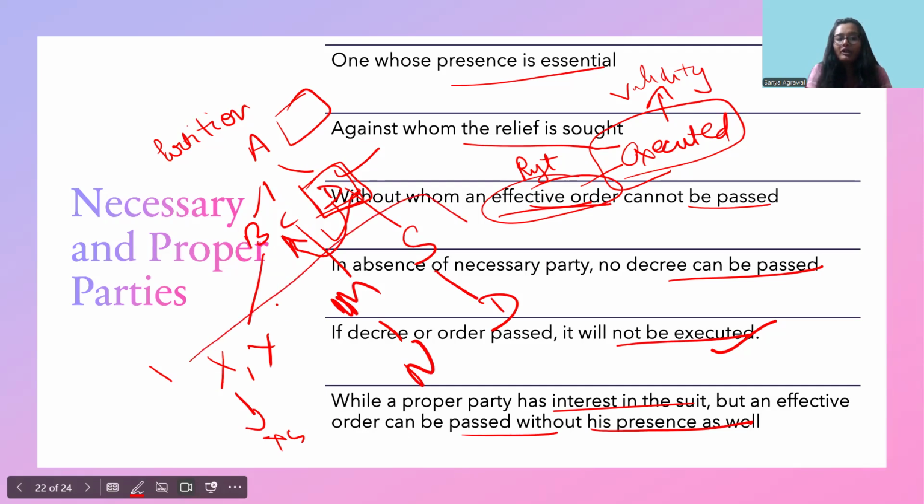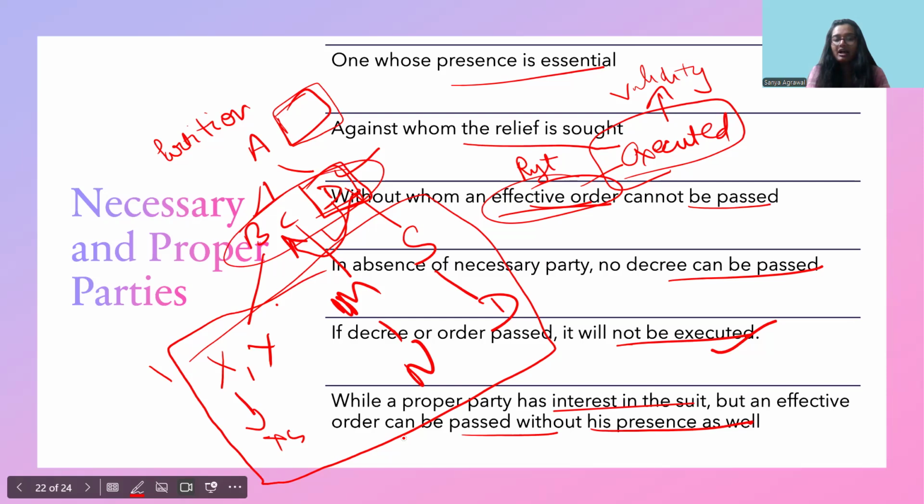So now all these parties, we are considering a case wherein B, C, D are alive, and this is a property which is to be partitioned. When B, C, and D are alive, they are the necessary parties. All these others are the proper parties who have an interest in that property, but not a direct interest. If they are not added or not heard, it is not going to change the decision or impact their rights.